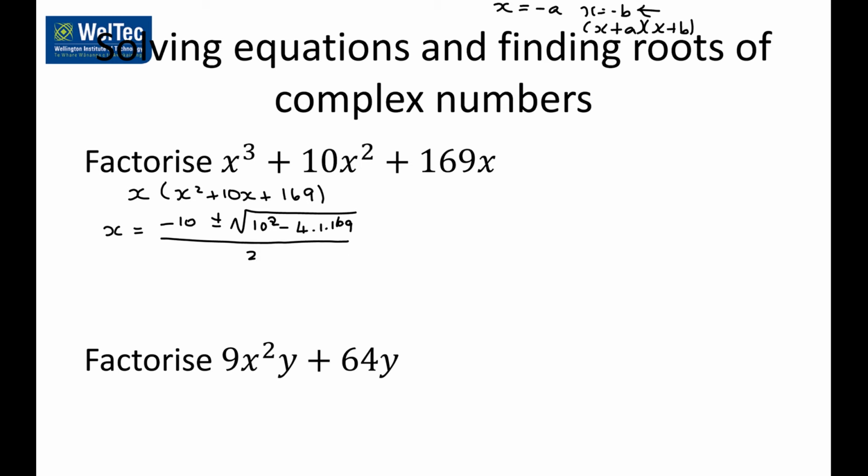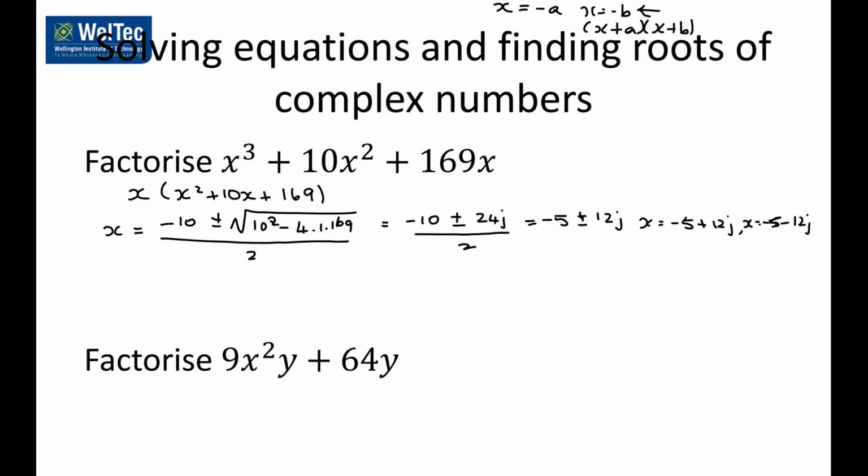And if we push that through the calculator, it's negative 10 plus or minus 24j over 2, and that's equal to negative 5 plus or minus 12j. So then x equals negative 5 plus 12j, or x equals negative 5 minus 12j.